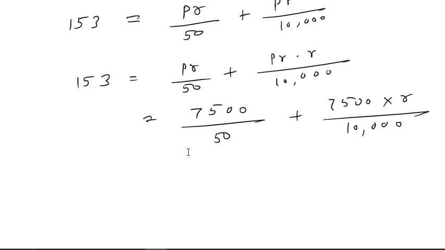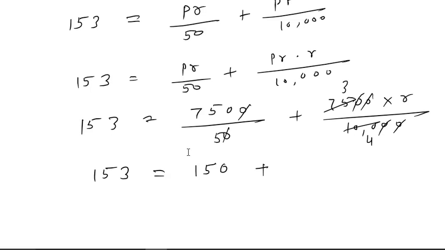Now 153 is equal to, here these two zeros I will cancel. 5 1s are 5, 5 5s are 25, and 0. So 153 equals 150 plus, again these two zeros I can cancel, then 75 upon 100. 25 3s are 75 and 25 4s are 100.